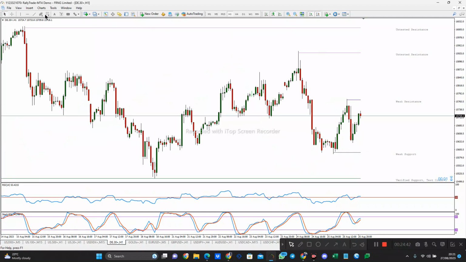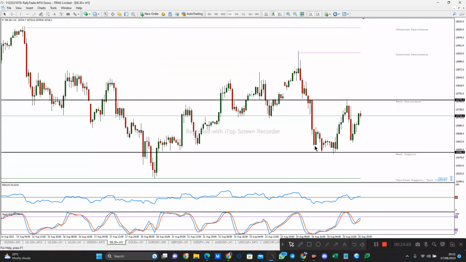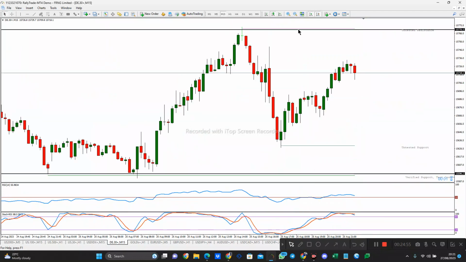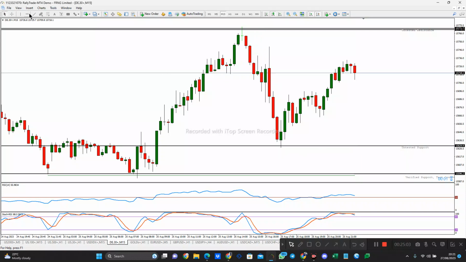So I want to draw the closest resistance and the closest support on 1 hour. Then I go to my 15 minutes time frame. There's just this small one here. I like to draw them out as well. There's this minor support here, this minor one here.